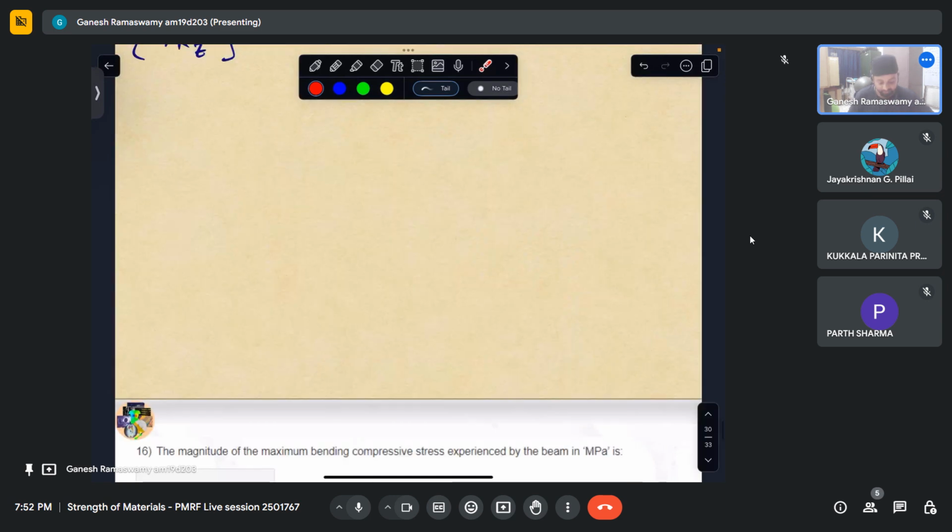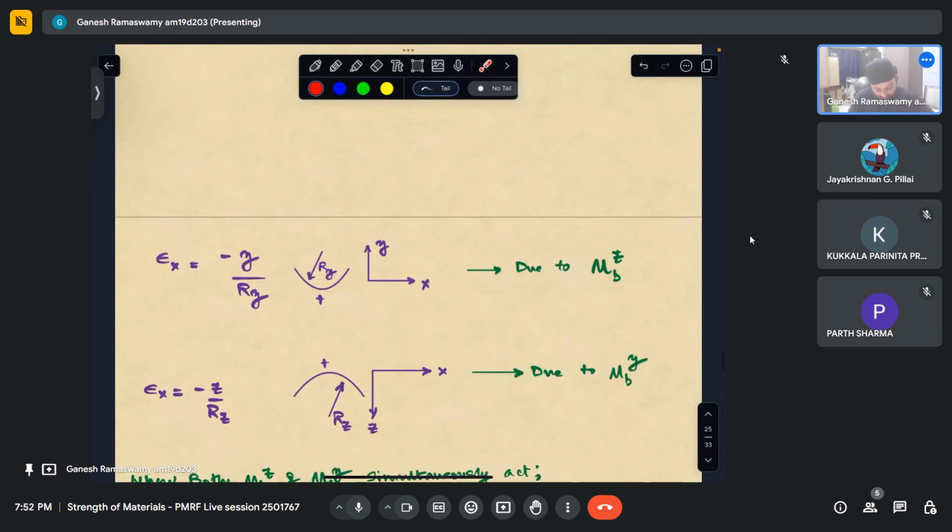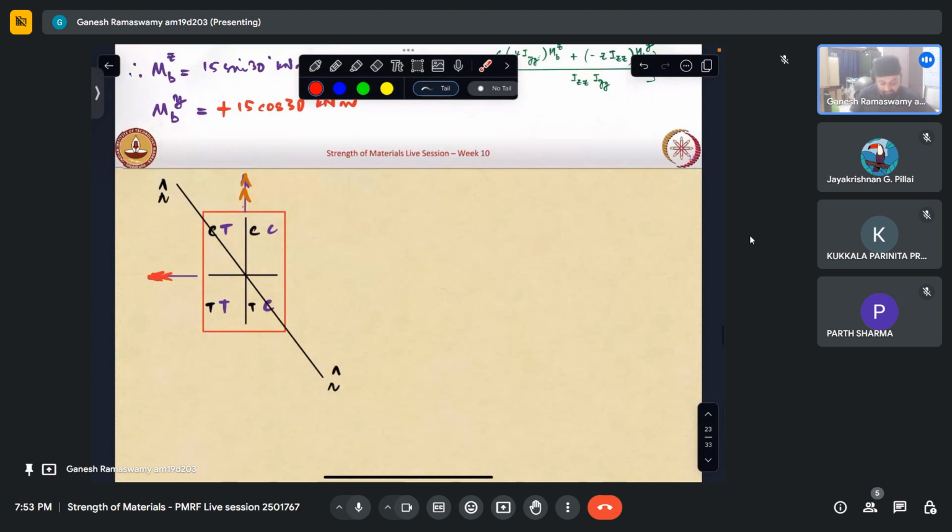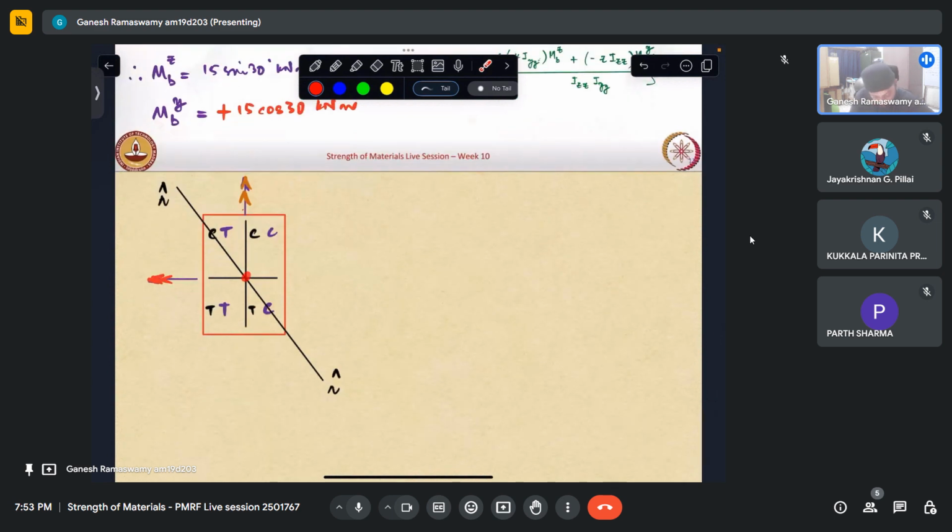So once the neutral axis is determined, we know the center of the rectangle is the point of the centroidal plane, and our neutral axis will pass through that point. In that case, the coordinate of this will be the point which experiences maximum compression.